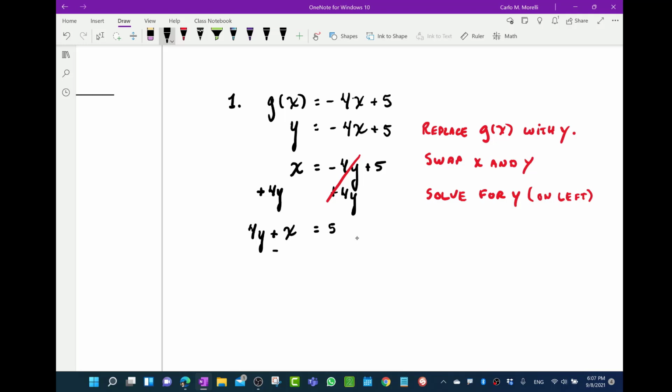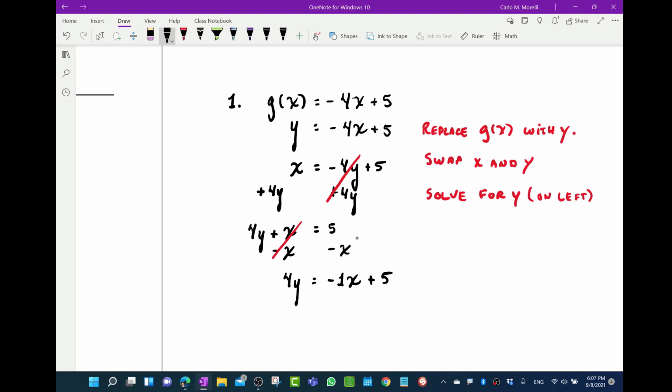And then we would subtract x from both sides, giving us 4y equals, we want to lead with our linear term. So negative, and I like to put 1x, it's going to become important later, plus 5.